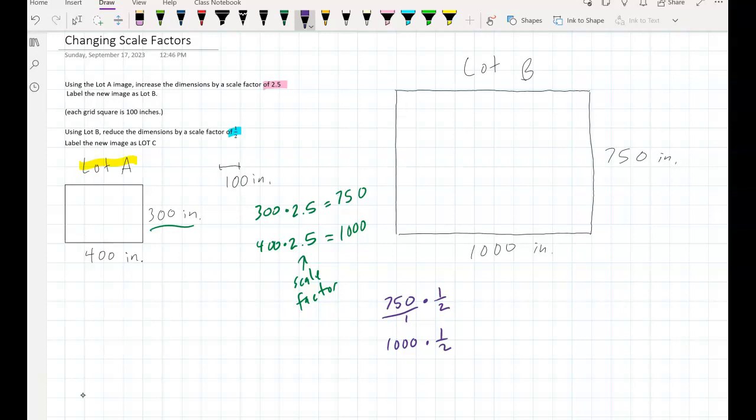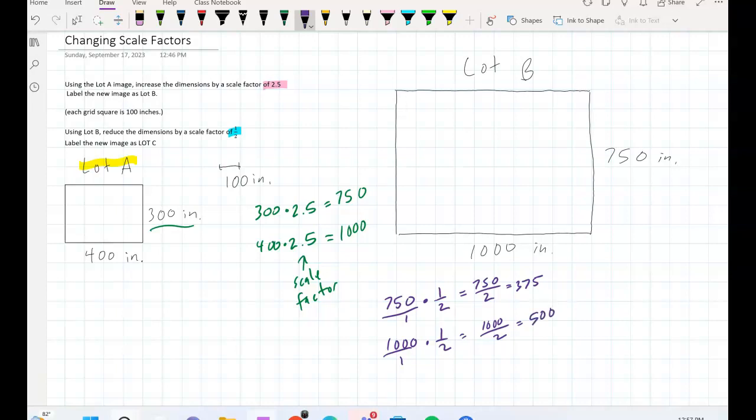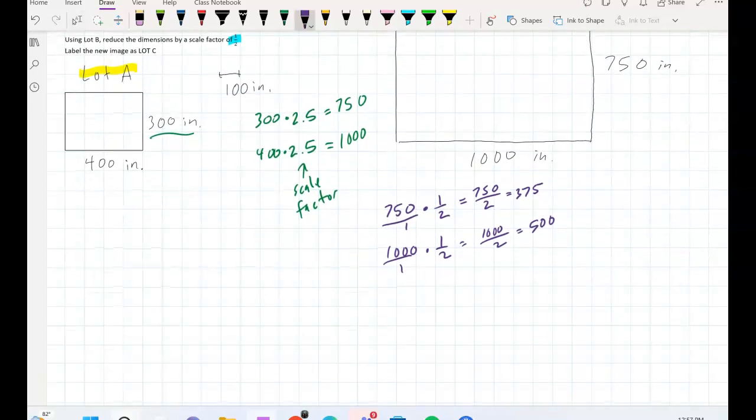We'll change 750 to a fraction, and we'll change 1,000 to a fraction. 750 times 1/2 is, of course, multiplying straight across, 750 over 2. 750 divided by 2 is 375. And 1,000 times the scale factor of 1/2 is 1,000 over 2, and 1,000 divided by 2 is 500. All right, so that was because we were multiplying by the same scale factor of 1/2.